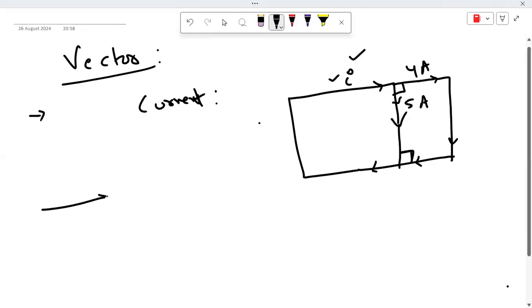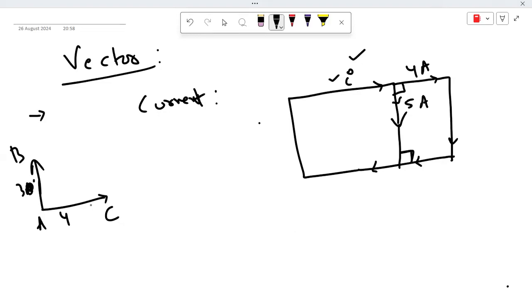Okay. So if a vector is like this, 3 and 4, what is the resultant value? There are two vectors, AB and AC. We have to find the resultant vector. Anybody knows? Do we add them or find the magnitude?